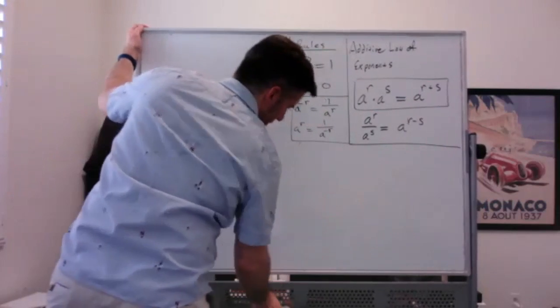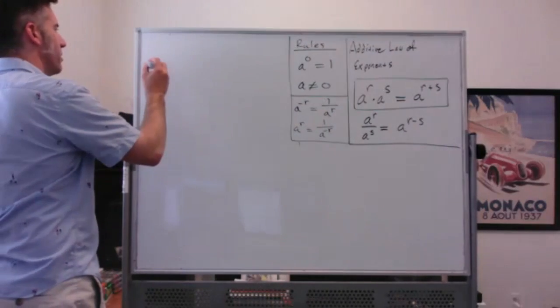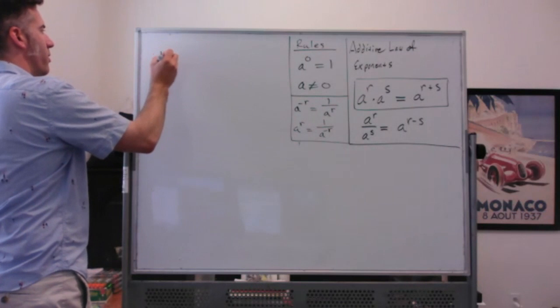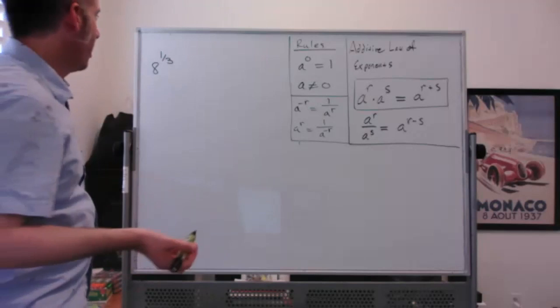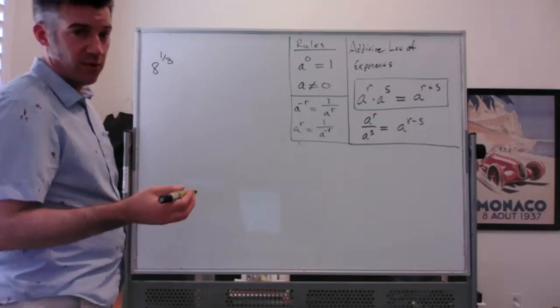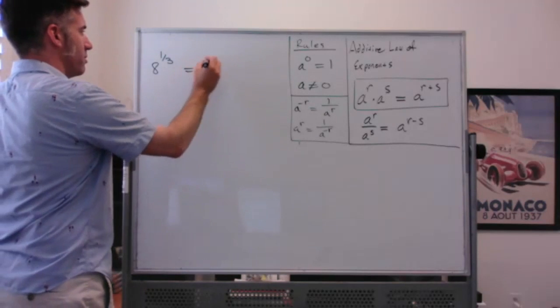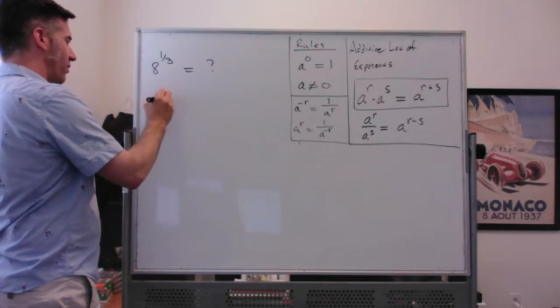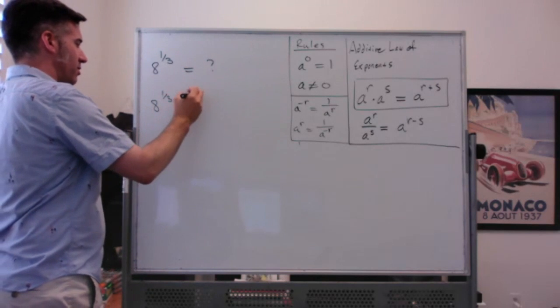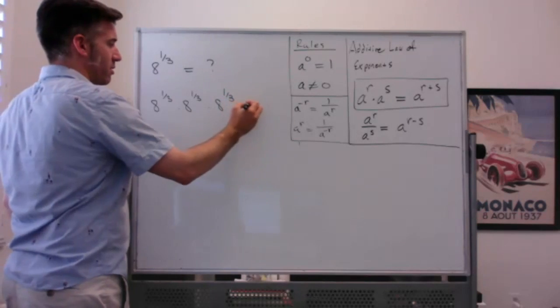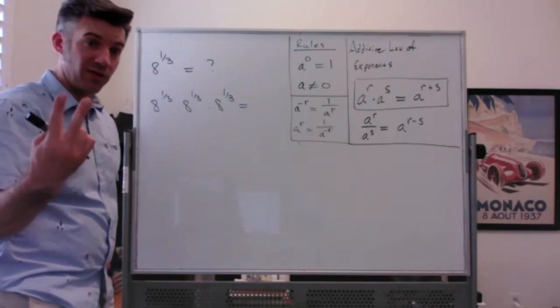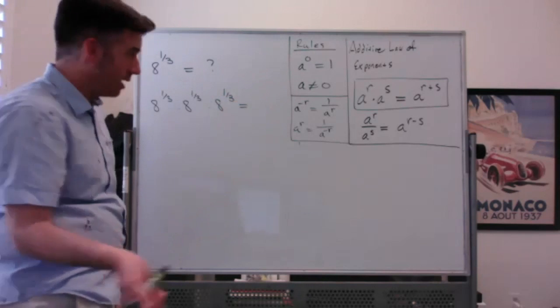So what if instead of a 1/2 power, I want to find, say, 8 to the 1/3 power? Well, I can do 8 to the 1/3 times 8 to the 1/3 times another 8 to the 1/3. And 1/3 plus 1/3 plus 1/3 is also 1.